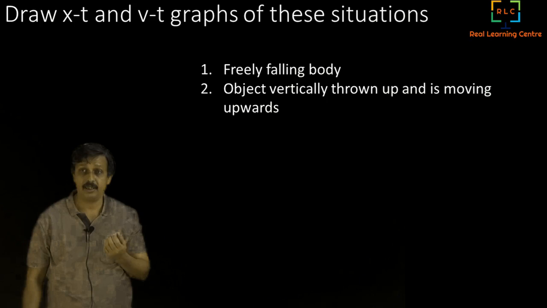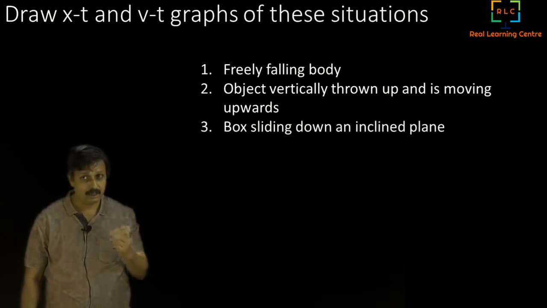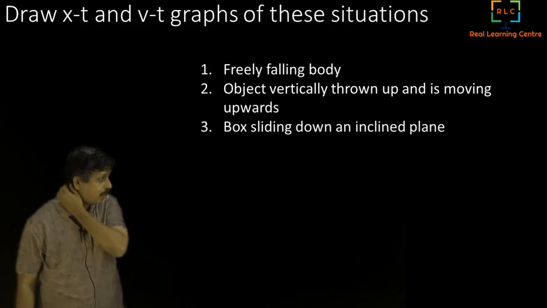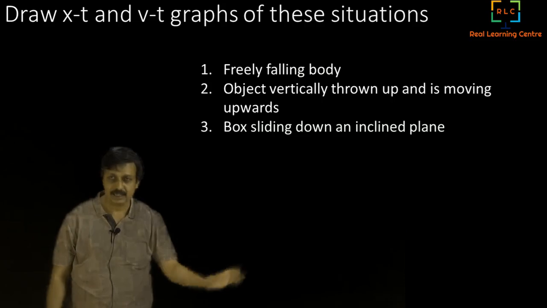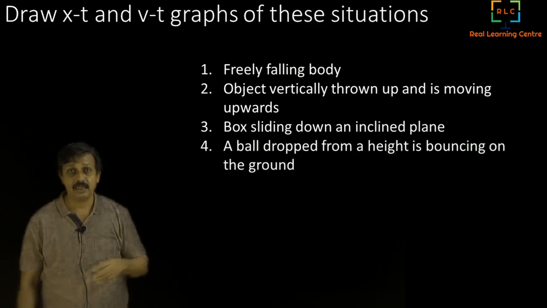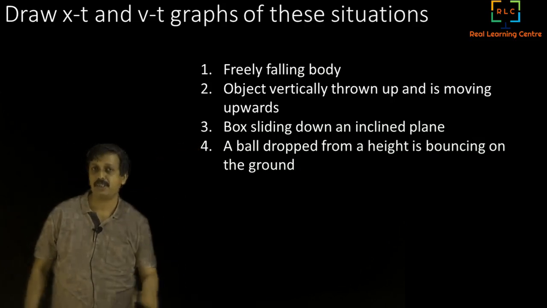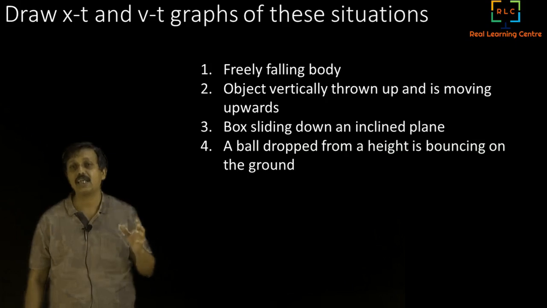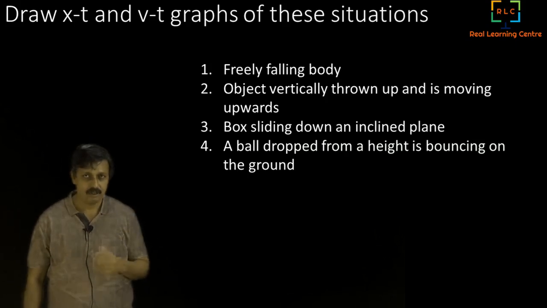Can we do x-t and v-t graphs for that? Thirdly, a box sliding down an inclined plane. Can we draw x-t and v-t graphs? And let's say you take a ball and drop it, and it keeps bouncing many times. Can you draw the v-t graph and x-t graph for that? Try these things, and you will get better at how to do this.